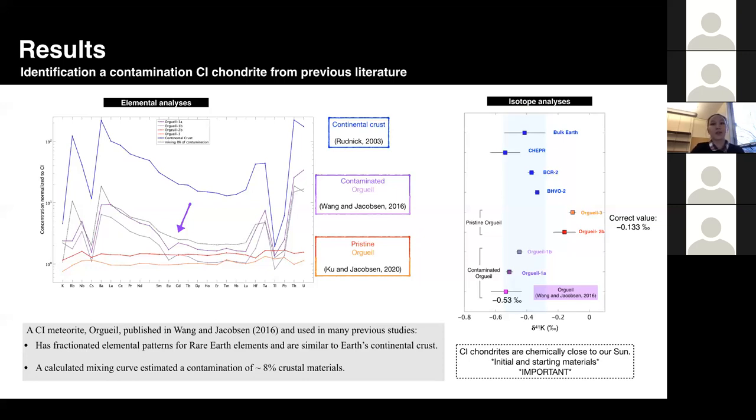And this will be used as the CI meteorite value in this talk. One thing to mention is that the numbers 1, 2, 3 represent samples obtained from different institutes, and A and B represent that they were dissolved independently from the same powder source.